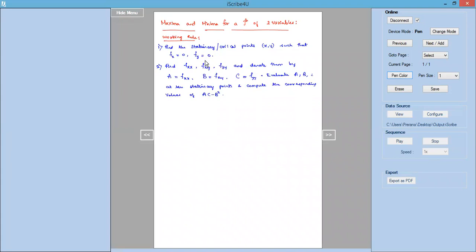Now based on this AC minus B square, we decide whether it is a maximum value or a minimum value. So under the third step, we write down two different points.